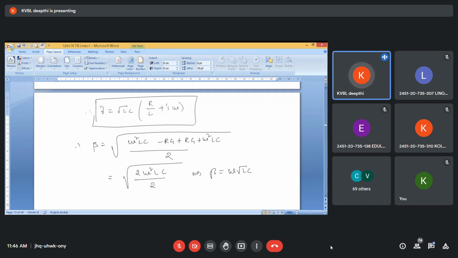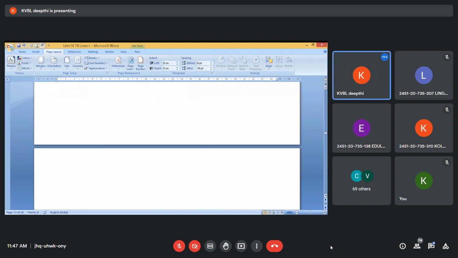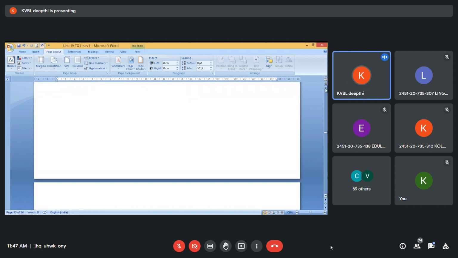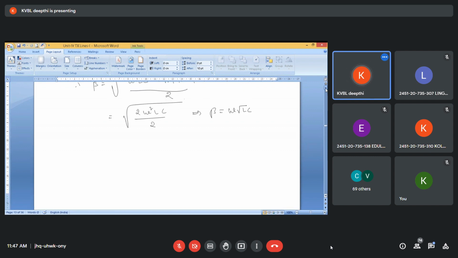Did you understand this? Respond, ma. We have got the equation for beta also. Now we need to find out the equation for velocity. It will be the same again.